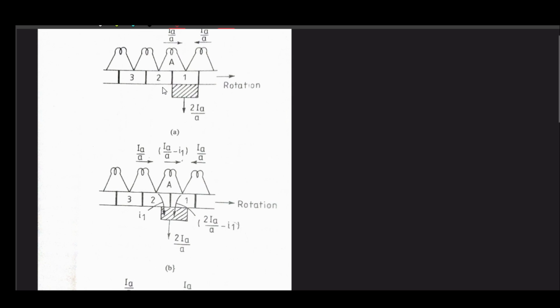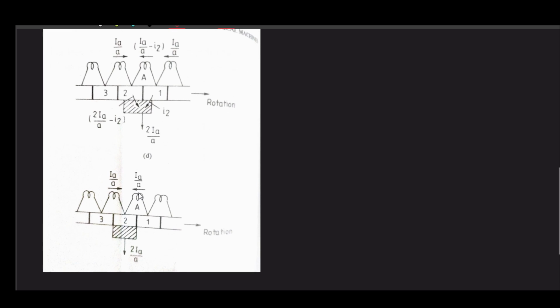Now, as it can only collect I2 amount of current, the remaining current of this coil should flow through coil A, that is, Ia by A minus I2 amount of current is flowing through A. Try to understand that previously it was from left to right, then 0, then here it becomes right to left, and now it is totally right to left. Fine. So this is the case.